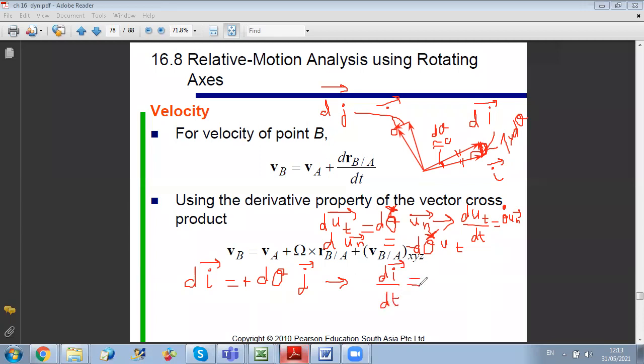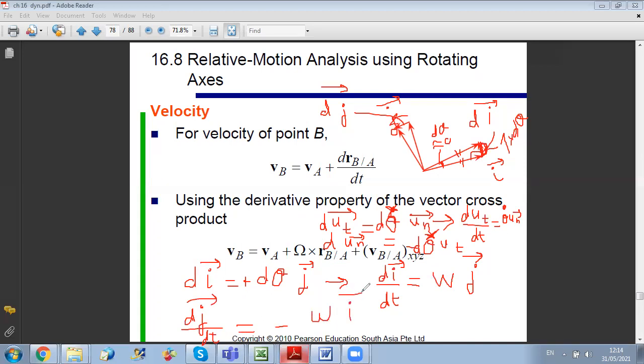What is d theta by dt? It is theta dot or omega. So it's omega J. And in the same way you can demonstrate that dJ is opposite to I, it's minus. So since dJ is minus d theta I, dJ by dt is minus omega I.